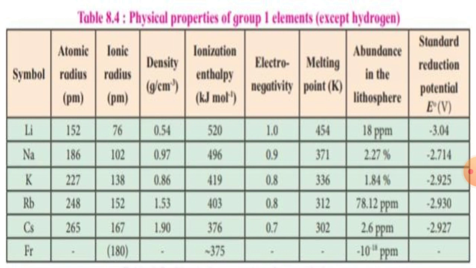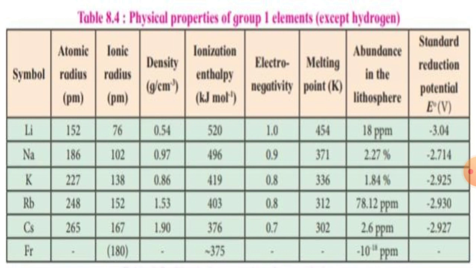Similarly, the ionic radii value is also increasing down the group. As atomic radii and ionic radii increase, density will also increase. Ionization enthalpy is decreasing down the group. How is atomic radius increasing? Atomic radius is the distance from the nucleus to the outermost shell.